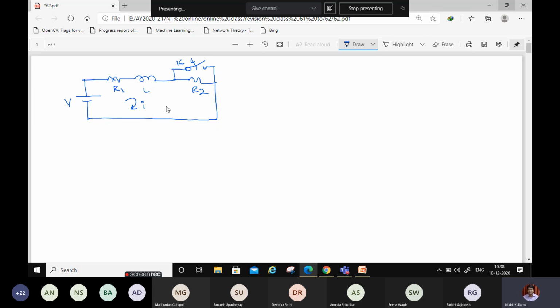So what is the requirement here? We have to solve for I of t, if the switch K is opened at t equal to 0.